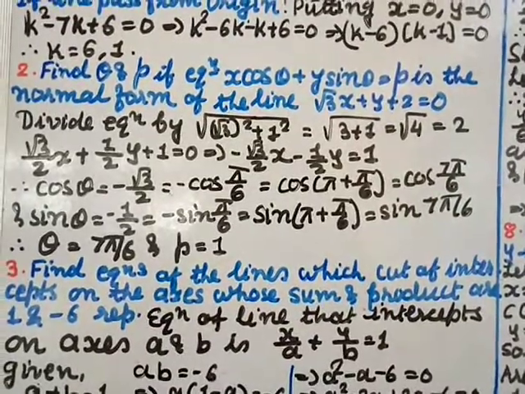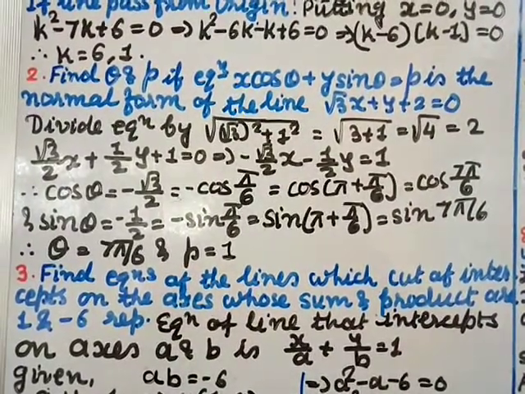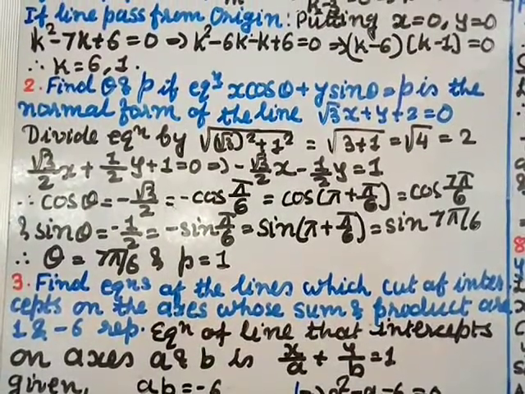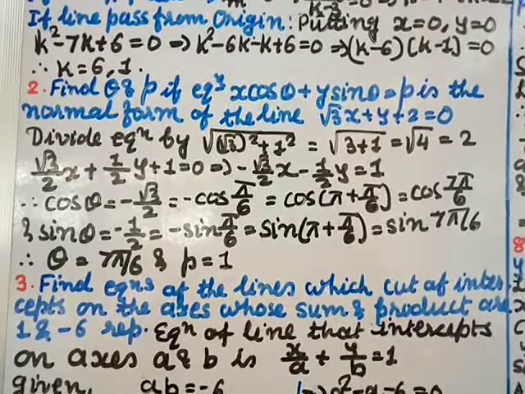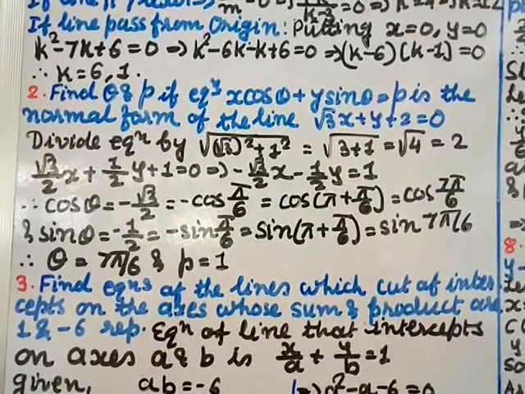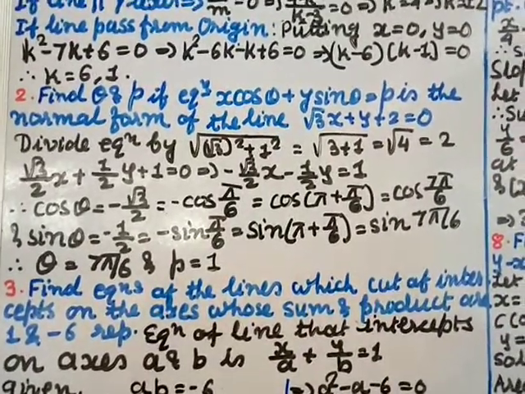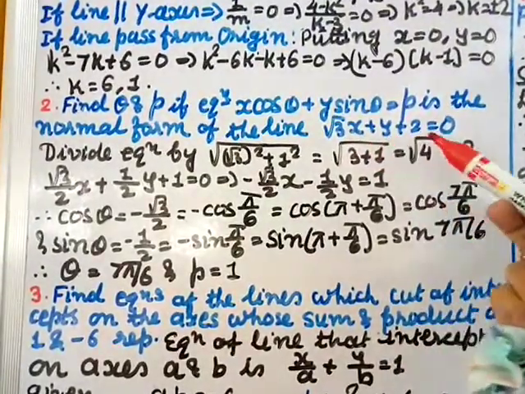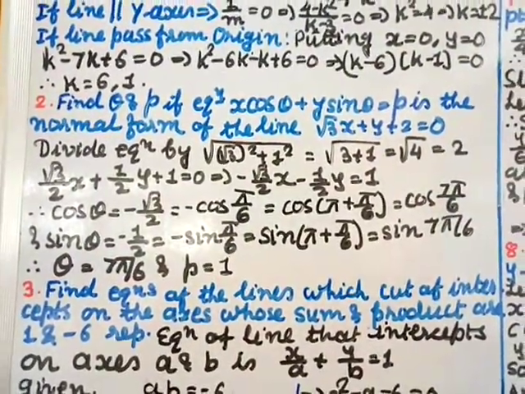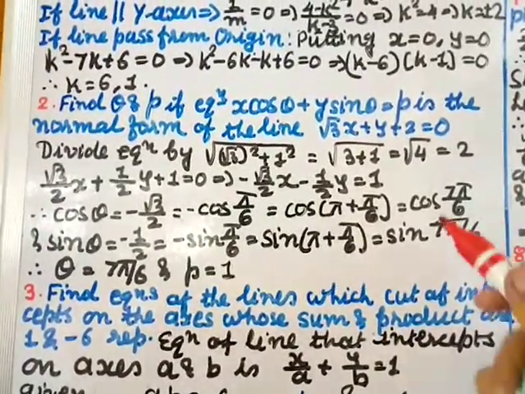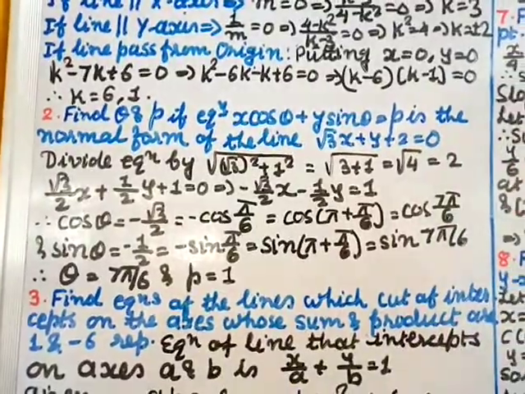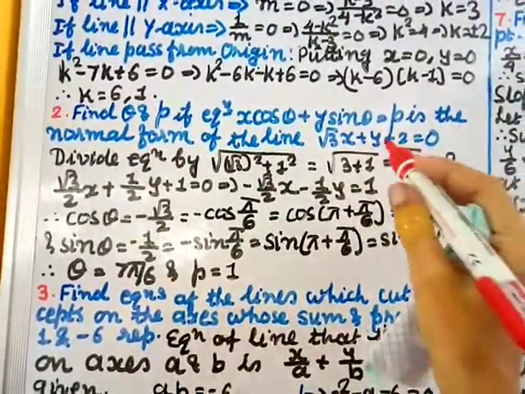Question number 2. Find theta and p if equation x cos theta plus y sin theta equal to p is the normal form of the line root 3 x plus y plus 2 equal to 0. Now for normal form, we have to divide each term by square root of a square plus b square. A is the coefficient of x, that is root 3 here, and b is the coefficient of y, that is 1 here.